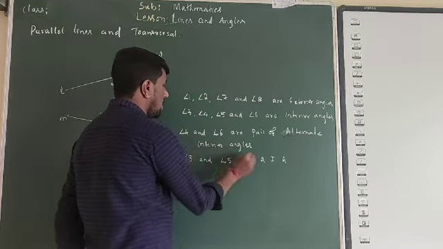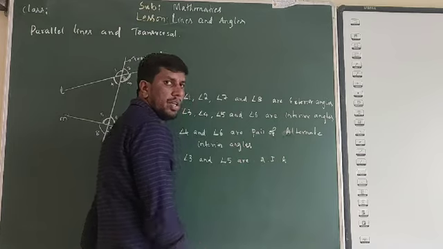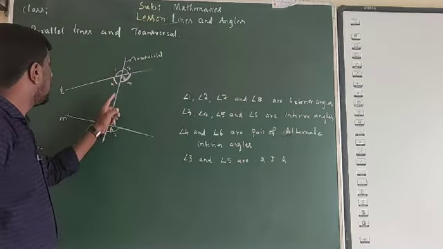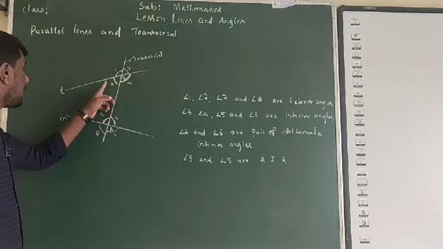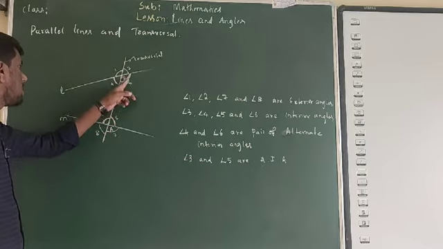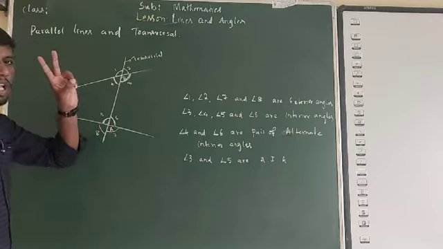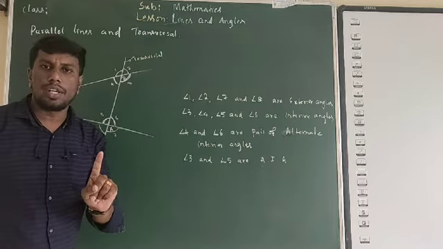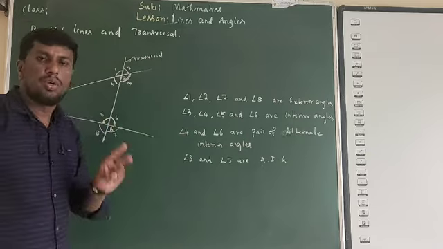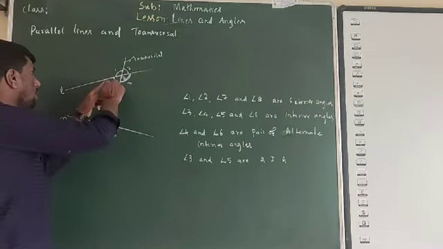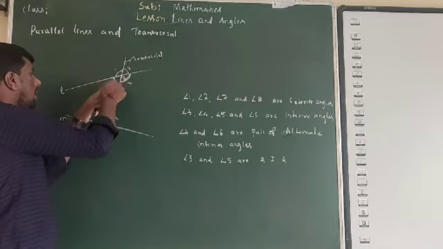Angle 4 and angle 6, angle 3 and angle 5 are alternate interior angles. Now we have two pairs of alternate interior angles: 4 and 6, 3 and 5.